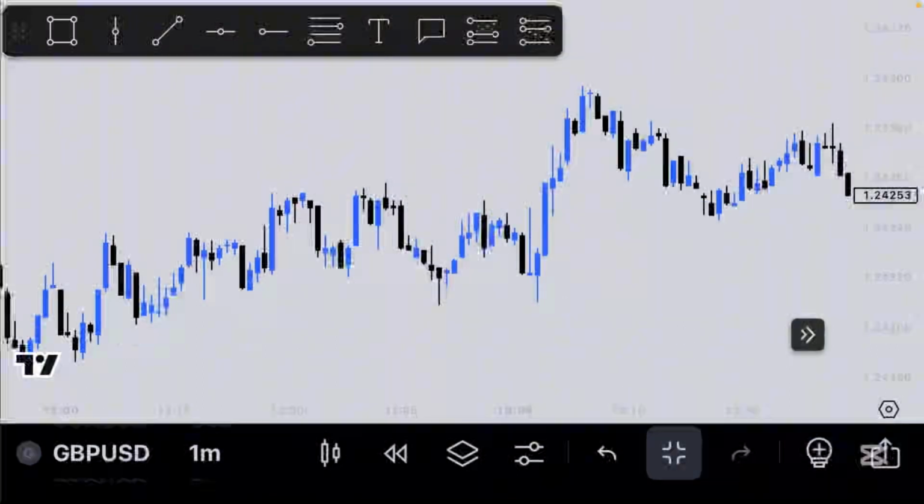So the essence of all these things now, from my previous lessons, I showed you how to draw your Fibonacci. This is a good example of where you can draw your Fibonacci from, which is from swings. That's the swing high and the swing low, where the swing high is the bullish swing, while the swing low is the bearish swing.